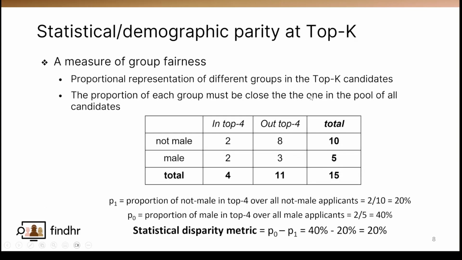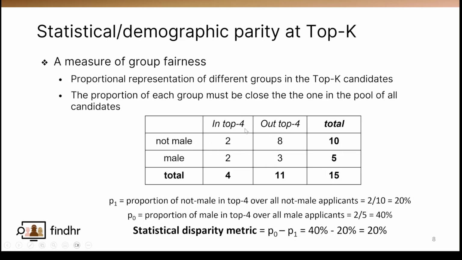Regarding fairness, we will measure this with the notion of statistical parity, which looks at the top K candidates. Look at this matrix here, a confusion matrix, contingency matrix. We have the two groups, male, not male, on the rows.